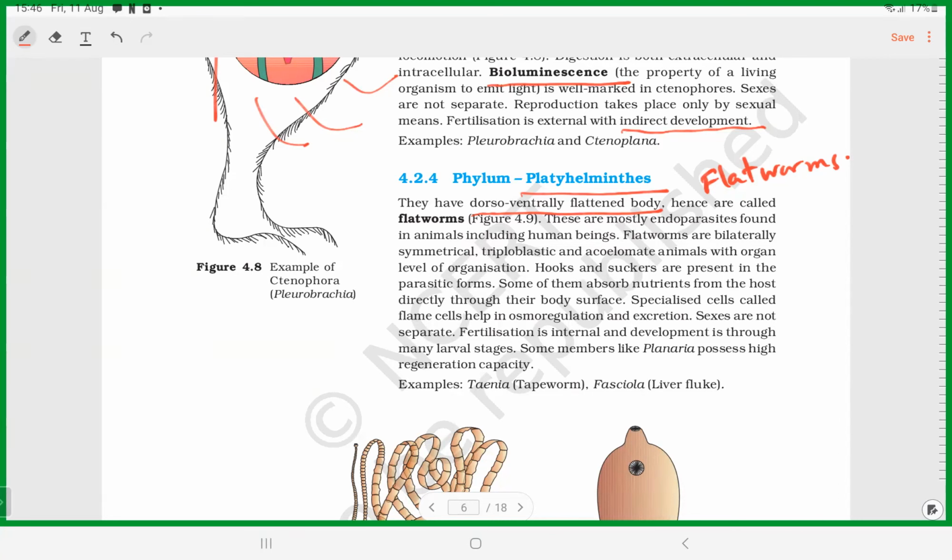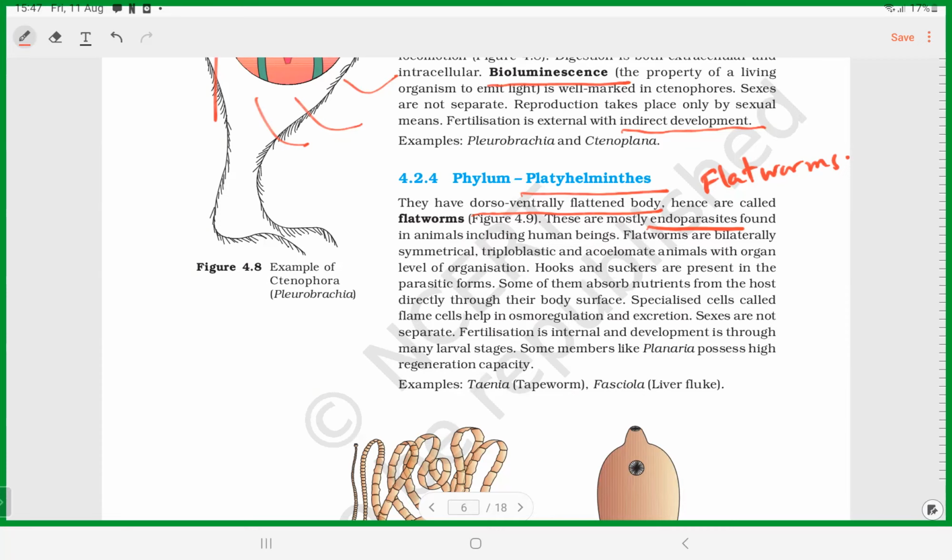And most of them are endoparasites. Parasites are organisms like viruses, bacteria, or helminths that live on living hosts. The organisms which feed on a living host are called what? Parasites.